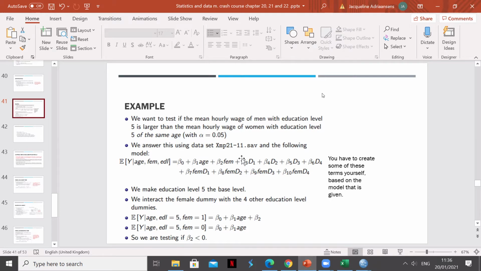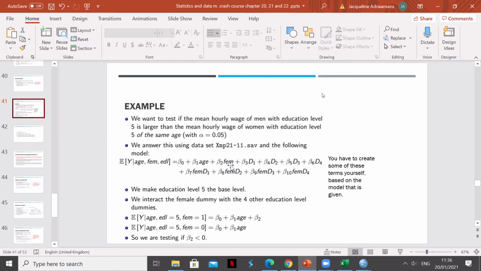So from here until and up including here, this is all going to be 0. So the only terms that we have are beta 0, beta 1 age, they have the same age, so that will be the same for both, and beta 2 fem. And beta 2 fem will change because of the wage of men and the wage of women.